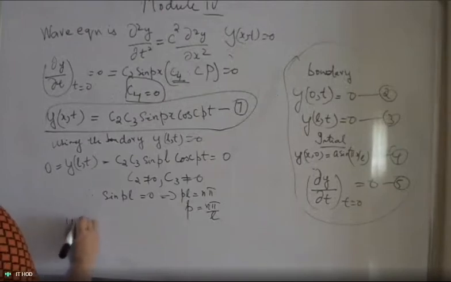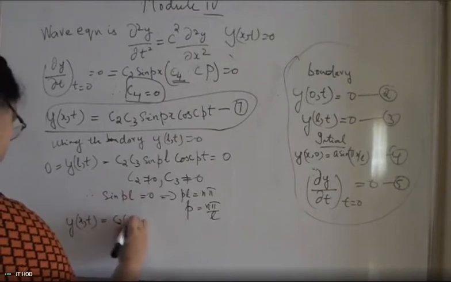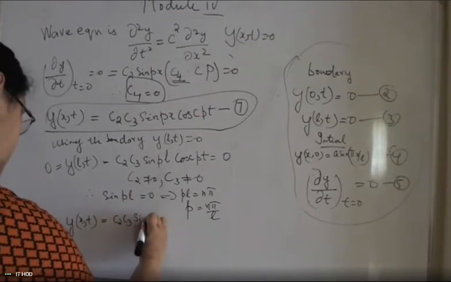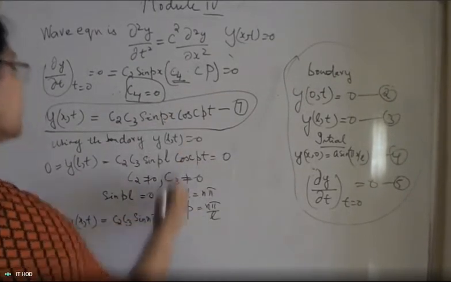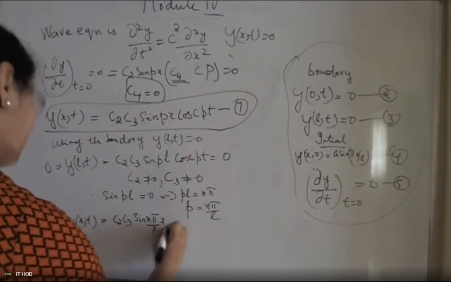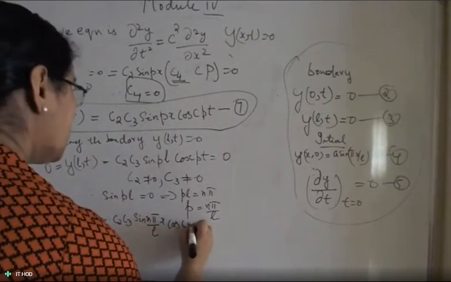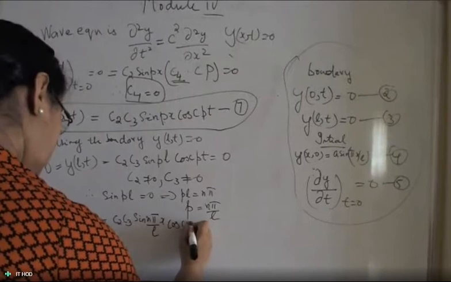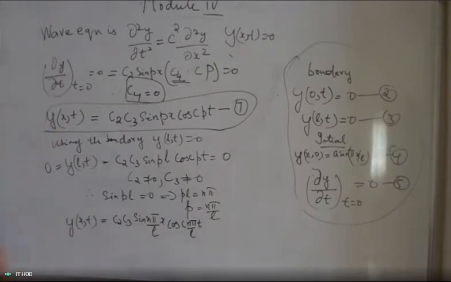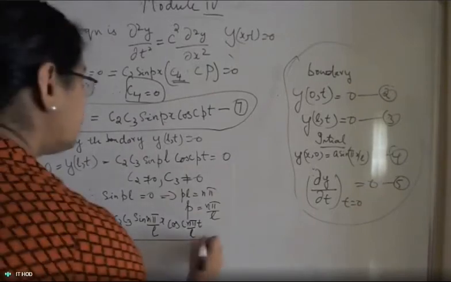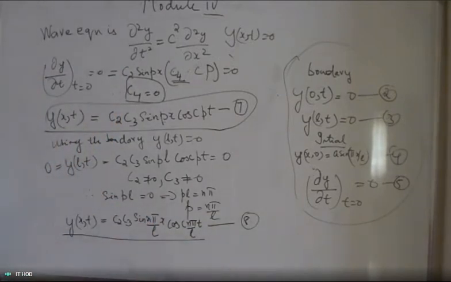Therefore, y(x,t) is equal to C2 C3 sin nπx by L cos, again p is here, so c nπ by L t. Okay, so now this is our new y(x,t). So put that as the eighth equation. Now what is the next step?